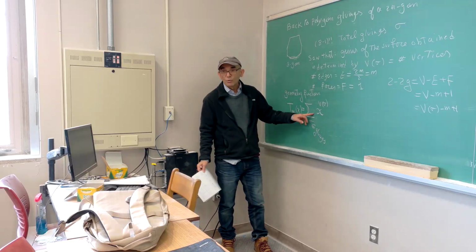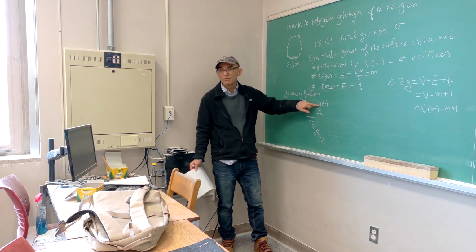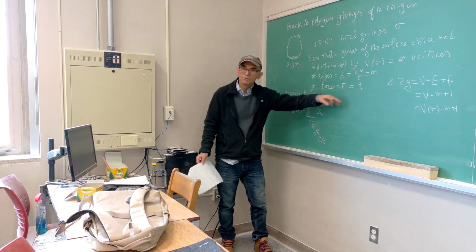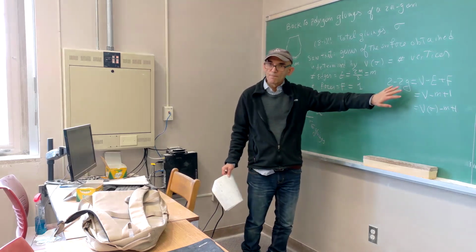So it's a polynomial in x whose minimum degree is 1, because vertices cannot be less than 1. At least there is going to be 1 vertex, and then up to some point, according to this formula.